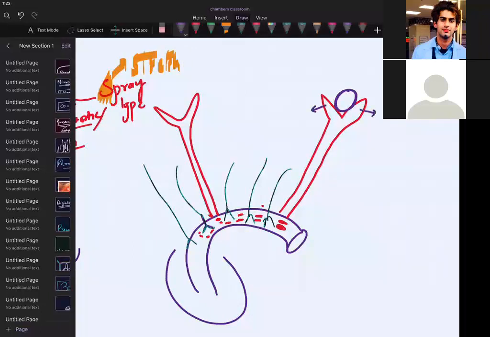Can we see the bifurcation of this carotid? Yes, sir. So at the region of bifurcation, I have this carotid body. Carotid body. And here also I will be drawing this carotid body.